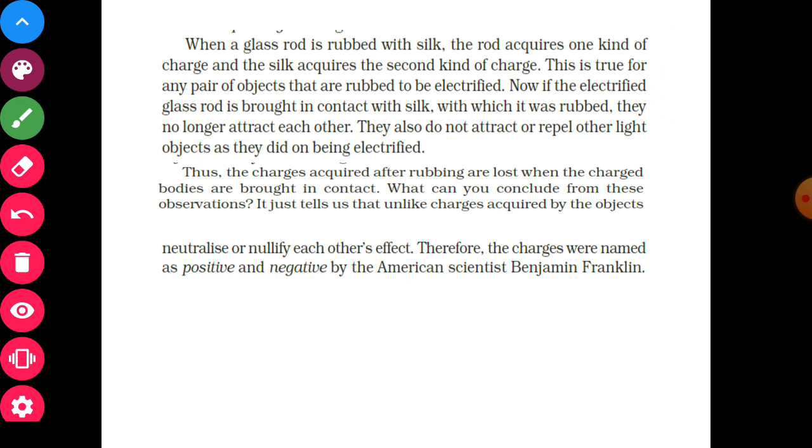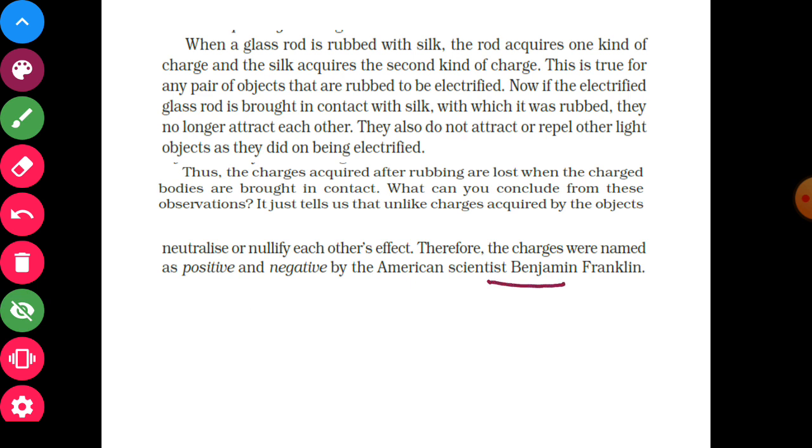So one was positive, the other one was negative. When they are kept in contact for some time, these charges nullify each other's effect, and now they are no longer electrified objects. Therefore, the charges were named positive and negative by the American scientist Benjamin Franklin.